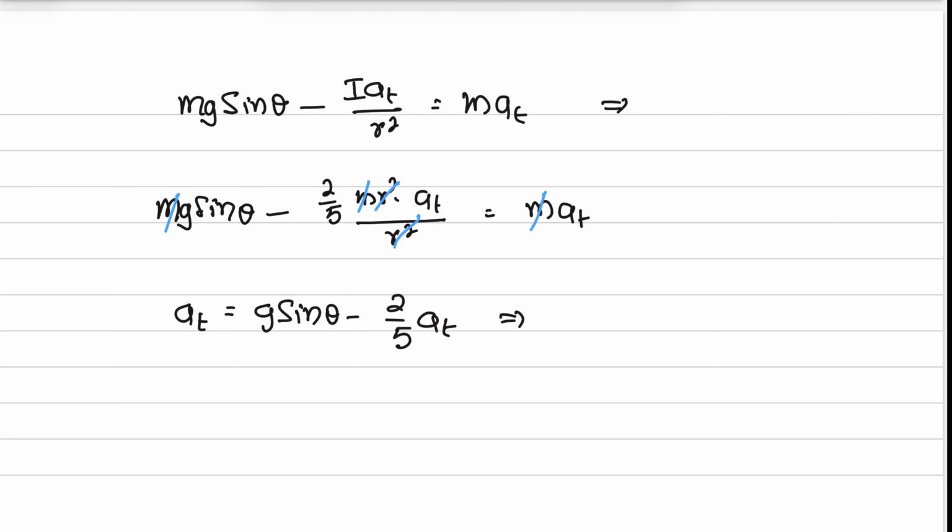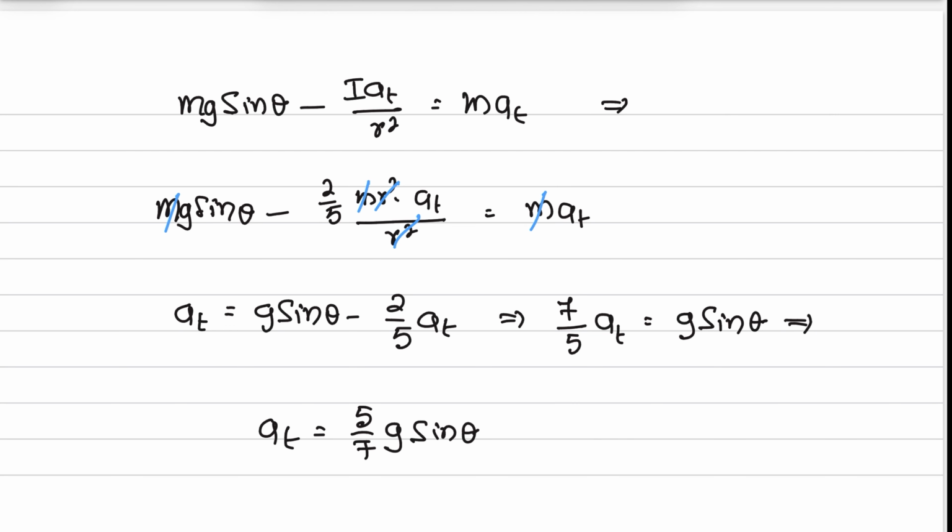Bringing At on one side, we will get 7 by 5 At is equal to the tangential acceleration, g sin theta. That implies At is equal to 5 by 7 into g sin theta. This is what we got, the acceleration of the body.